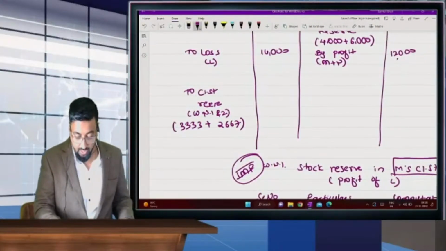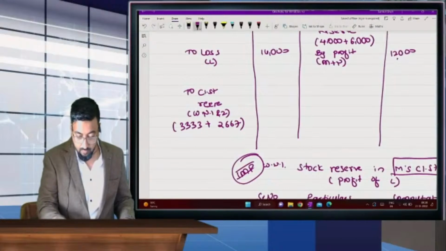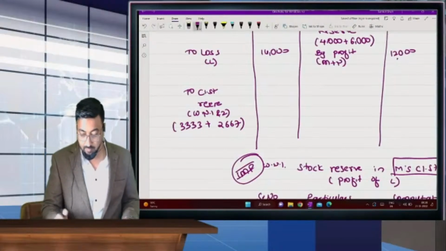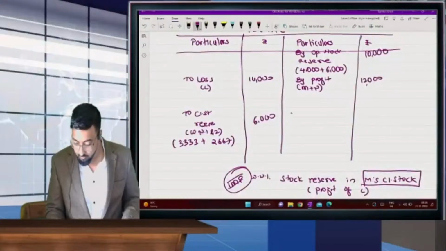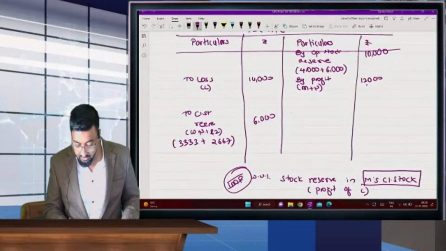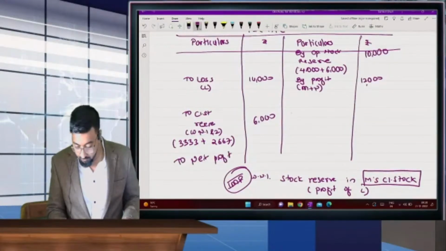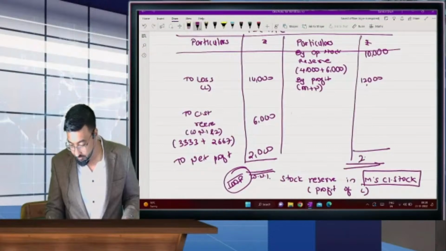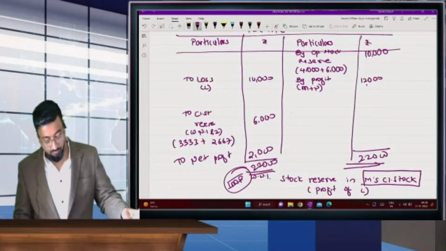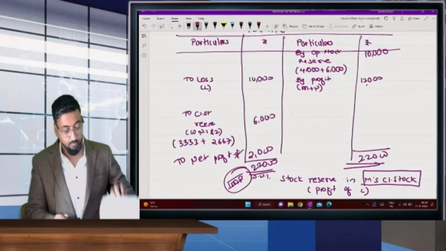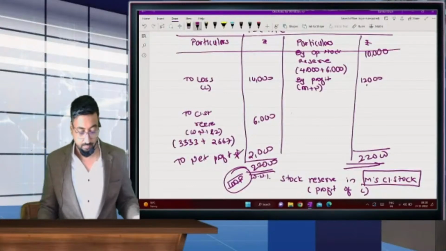And now the answer is 6,000. So 22 and 14 और 26. So to net profit 2,000. Now I got the answer. 22,000, 22,000. Net profit, final net profit is 2000.